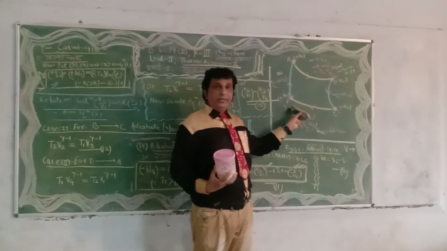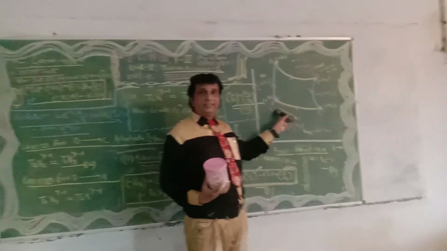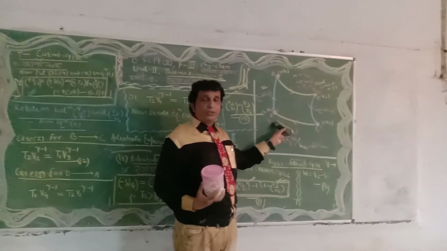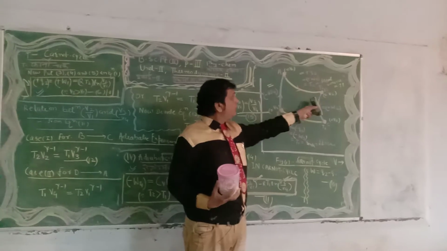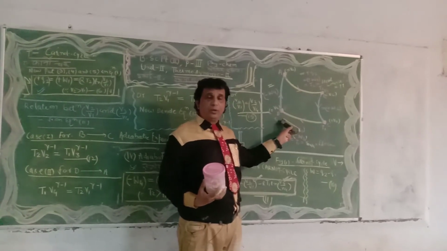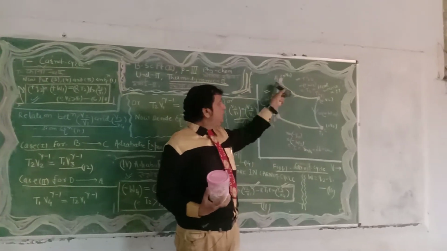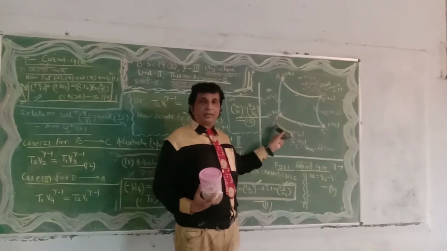Similarly, C to D, which is equal and reverse in sign to A to B, is isothermal compression. Similarly, D to A is known as adiabatic compression.